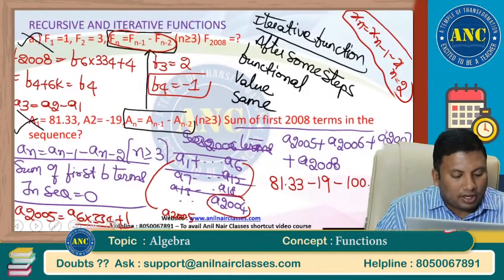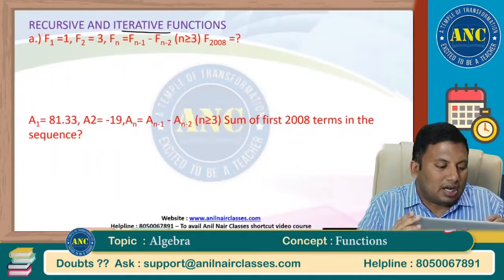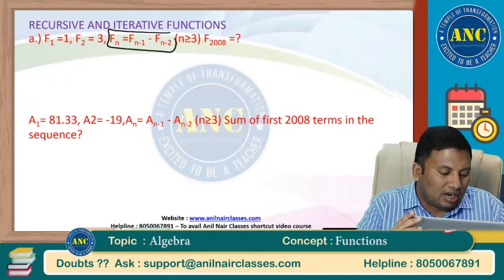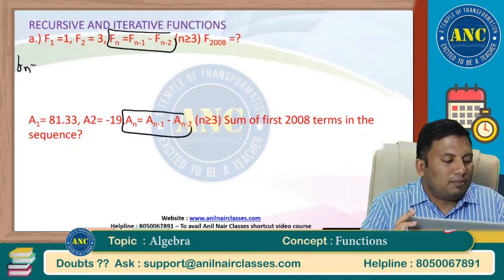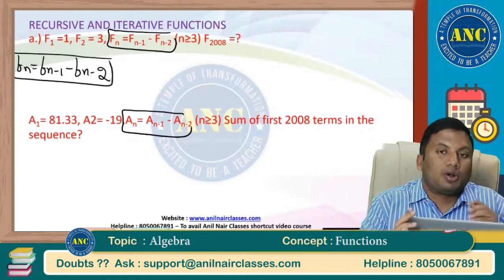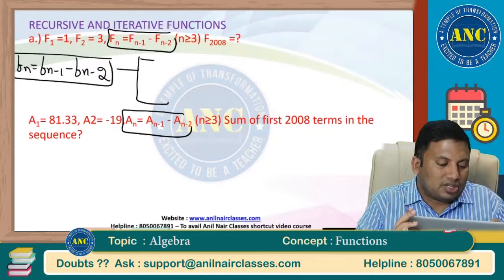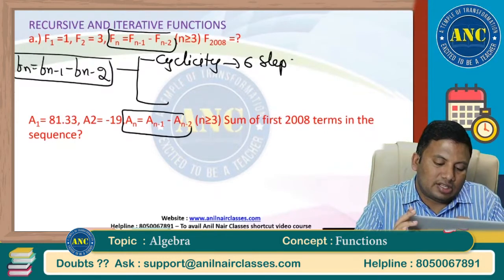What is important to me is that in these two questions there is an important concept. If the function is of the form fn equals fn minus 1 minus fn minus 2, there are two important conclusions. The first is cyclicity, it is 6 steps.